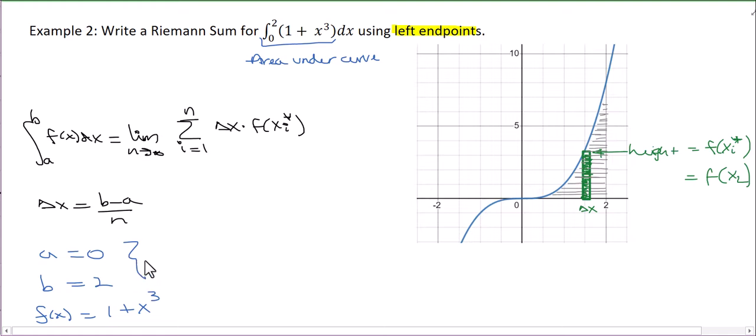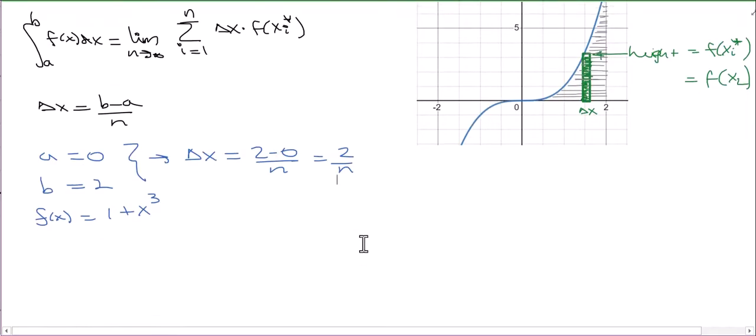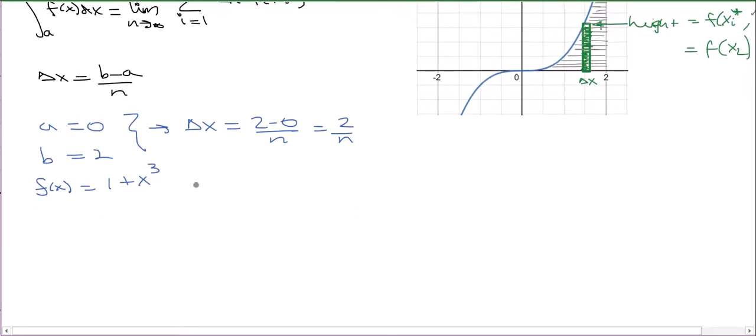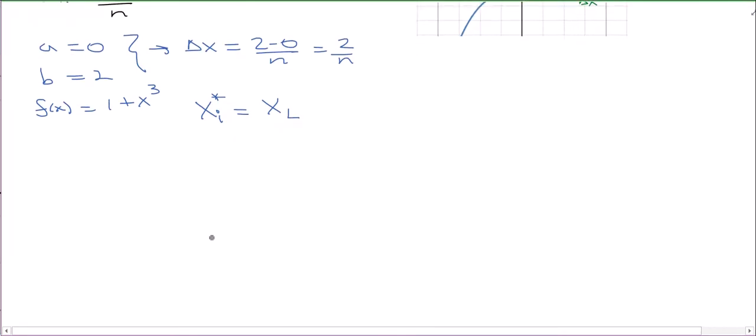Because now with this I can say, okay, my delta x is b minus a over n, so just 2 over n. And so what's my left endpoint? My x sub i star is the left endpoint. You can memorize the formulas for the left endpoint, or you can try to write out your interval and see how the rectangles will fall.